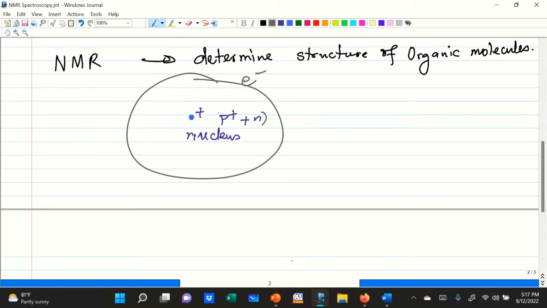So the nucleus has protons and neutrons together. They are spinning on their own axis. Such a spinning nucleus, being charged as a whole and spinning, creates a magnetic field.